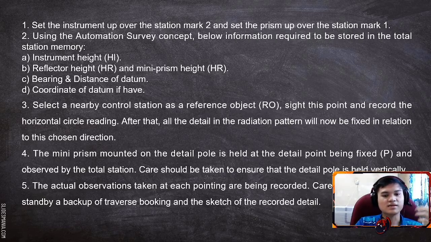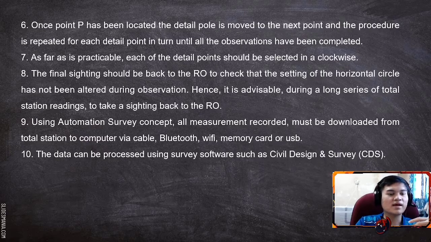Next step is the actual observations taken at each pointing are being recorded. Care should be taken to stand by a backup of traverse booking and the sketch of the recorded detail.